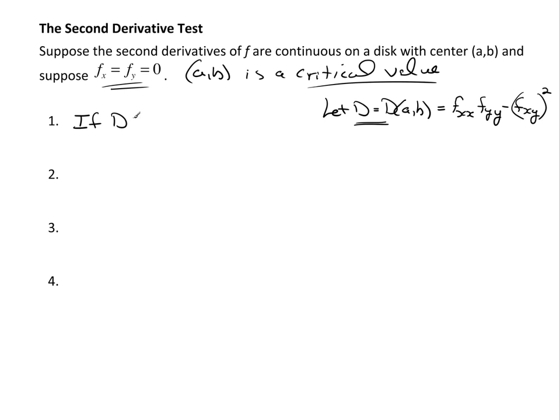If D is positive and the second partial with respect to x is also positive, then f of (a, b), the function at that critical point, is a local min.